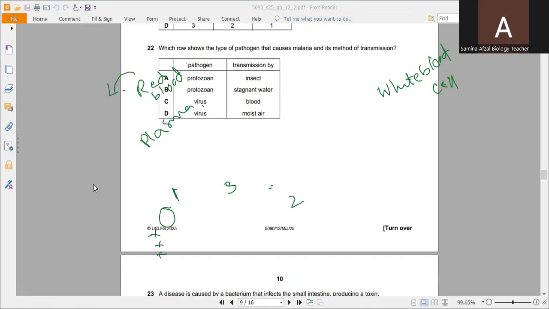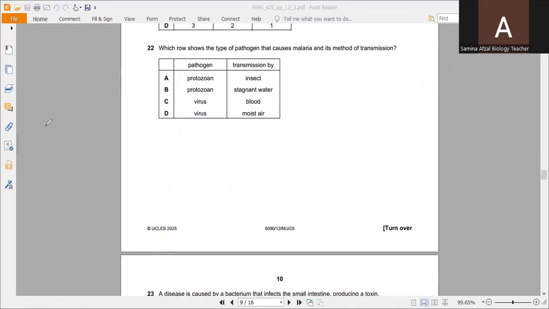Which row describes the type of pathogen that causes malaria and its method of transmission? They have given us two pathogens: A and B are protozoans, and C and D are viruses. First of all, pathogen A is transmitted by an insect. Yes, protozoans are transmitted by insects.